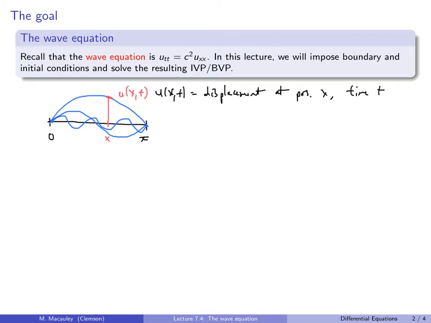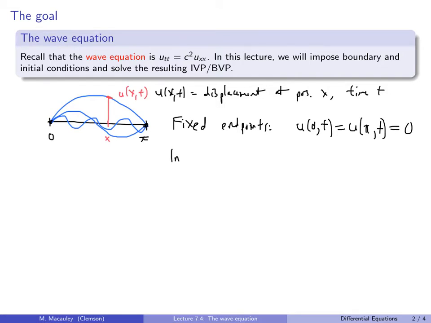Okay, so the fact that these two endpoints are fixed means that u of 0, t and u of pi, t equal 0 for all time t.